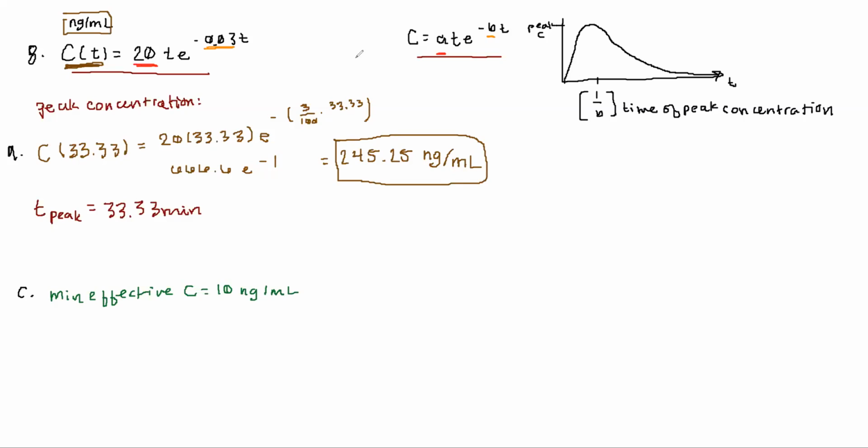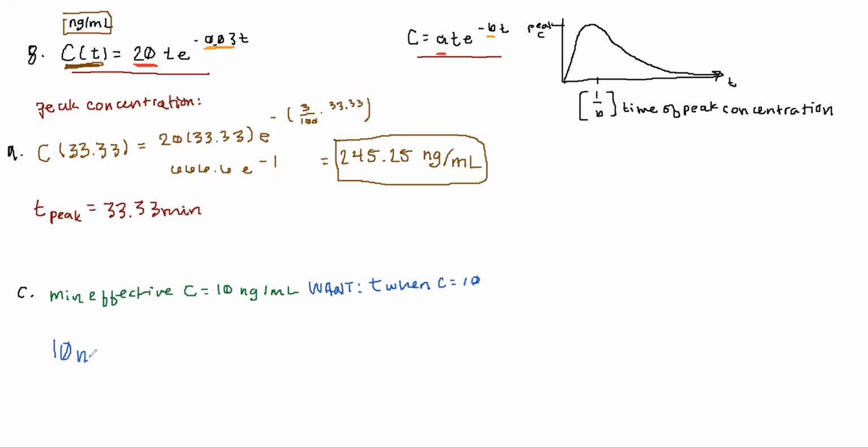And what we want is going to be, so we know what our concentration needs to be, and we need to find the time at which that happens. Does that make sense? So when C is 10, which is the concentration, so I would just set the whole equation equal to 10? That's what I would do. And then solve it that way.